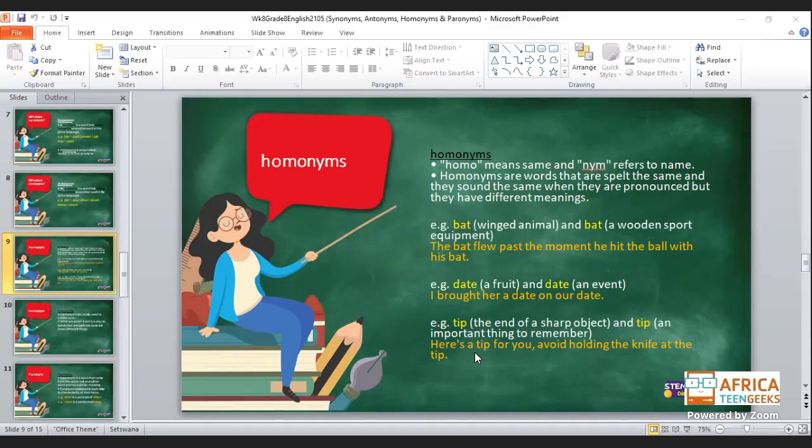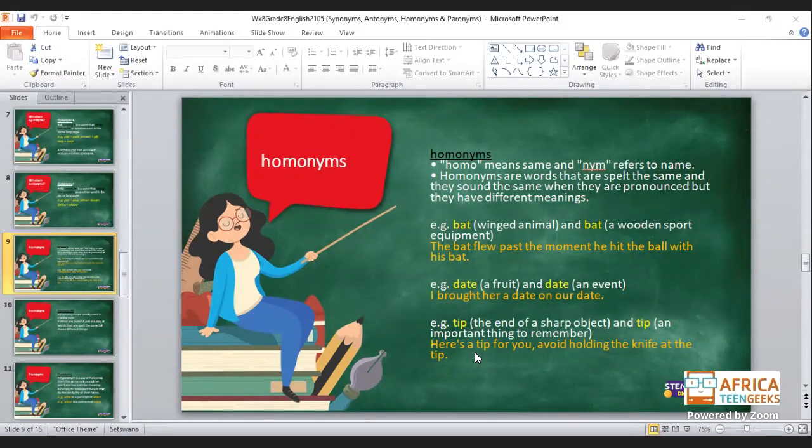Then Preston Ford saying match and match, and continues to say the first match is like a soccer match, and the second match is that stick, like a safety match. Thank you, Preston. That is good. Then we have Nkanka saying saw and saw. Remember, the first saw is the past tense of the word see, and the second saw is that instrument we use to cut wood and planks. Yes.